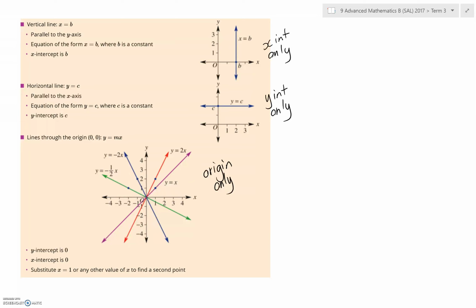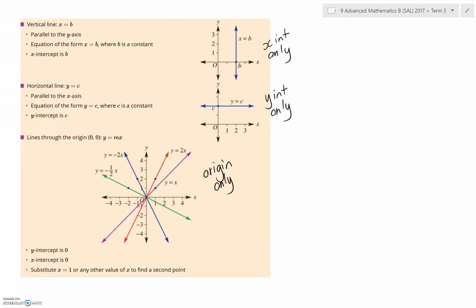If we substitute into them like we did last time, we'd be substituting zeros. So that gives us one point to draw it, and we don't know which direction it's going in. Unlike the first two lines, which we knew were parallel to those axes, so we didn't need a second point to draw them. This time we don't know the direction, so we're going to have to substitute another number in to find a second point so we can draw that line.